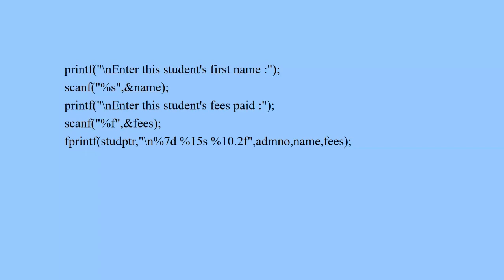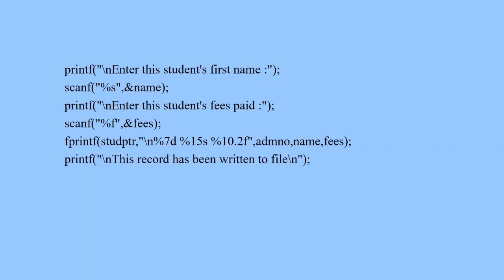Remember the difference between this statement and our ordinary printf statement is the addition of the F character, so that it reads as fprintf, and also the addition of our pointer for the file, like in this case, studPTR. Otherwise, the rest of the parts of the printf statement remain as we are used to.